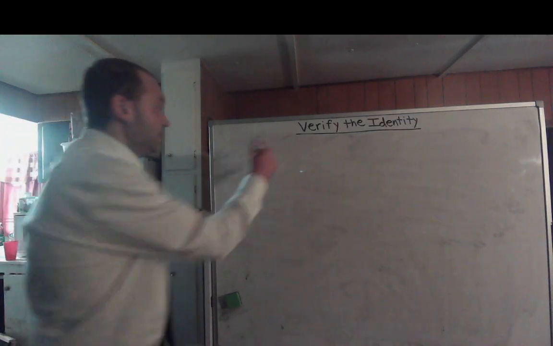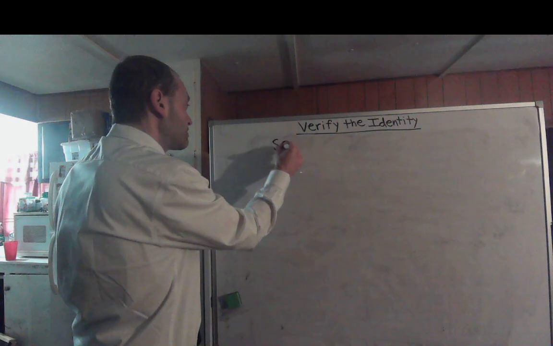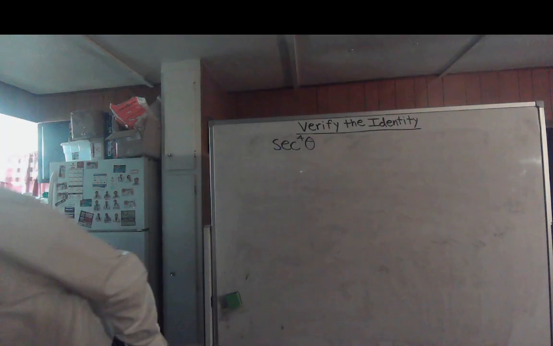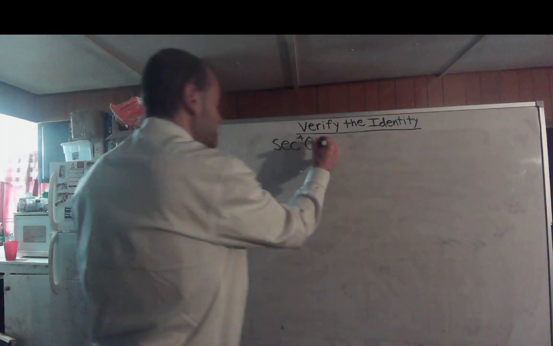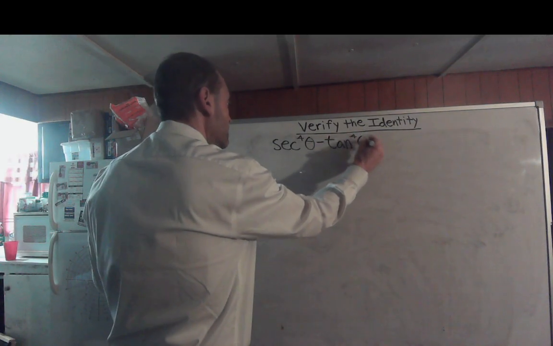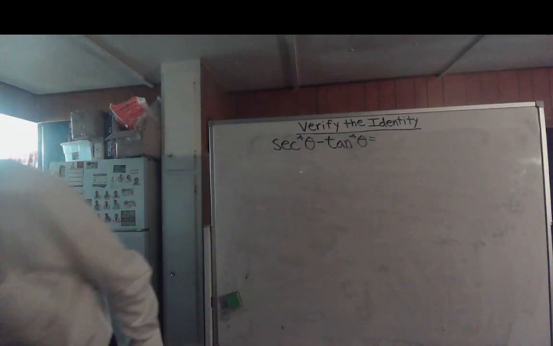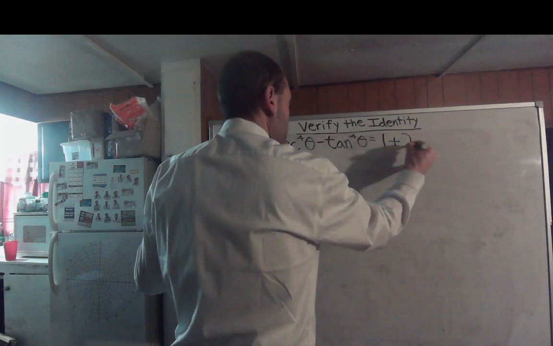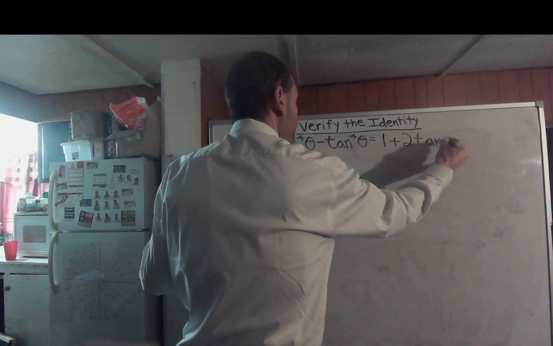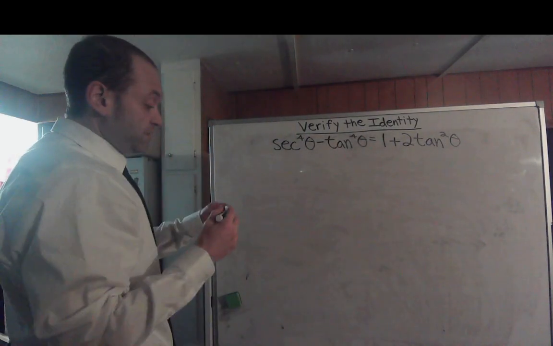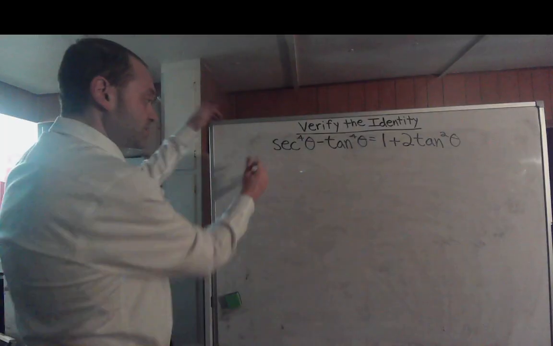Alright, let's see. Secant 4 of theta minus tangent 4 of theta is equal to 1 plus 2 tangent squared of theta. Alright, so we definitely have a difference of 2 squares on the left-hand side.